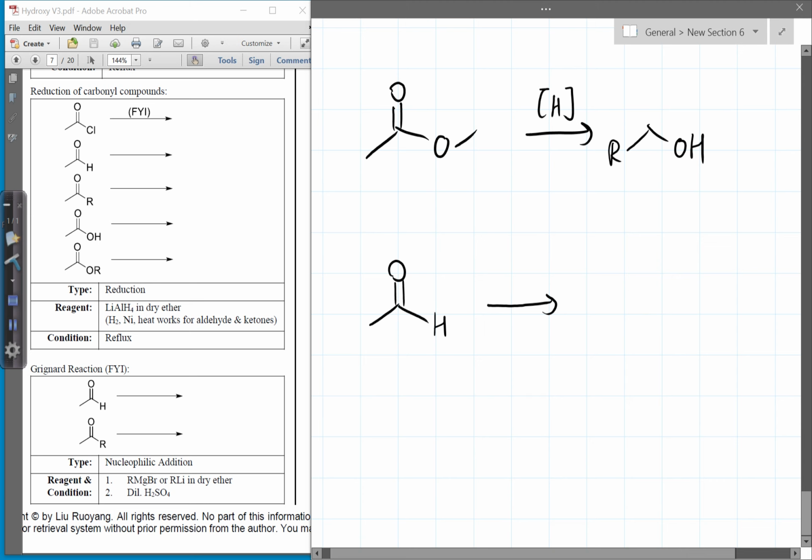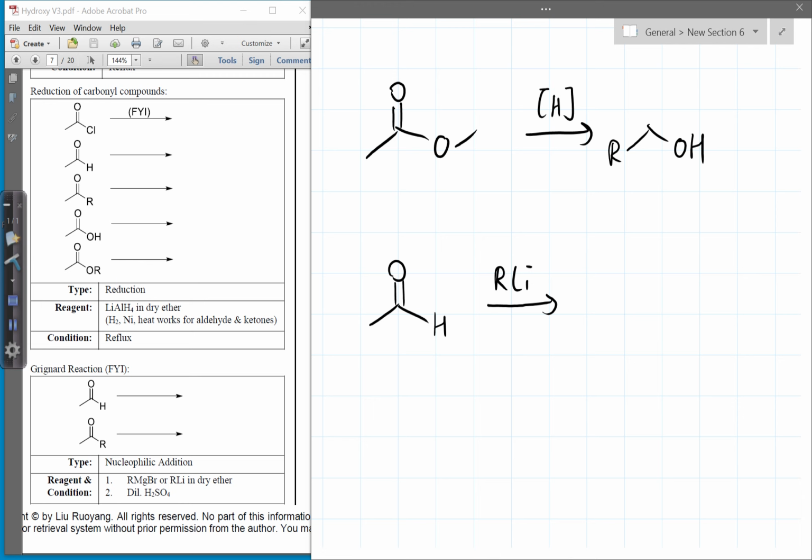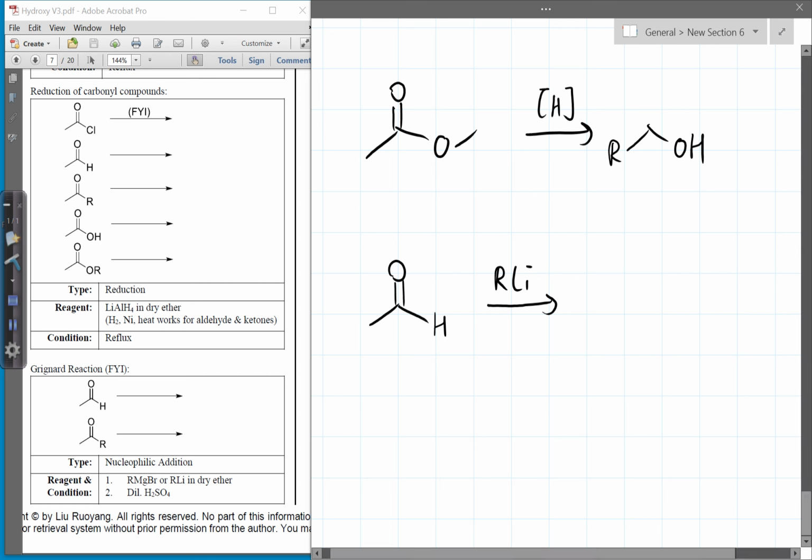If you add, we call these kind organometallic reagents, right? R lithium, R magnesium, right? This kind organometallic because it contains organic and metallic part. So after this, you will obtain this product basically, right? For the first one, and for the second one, you should be able to predict, right? You have this product.